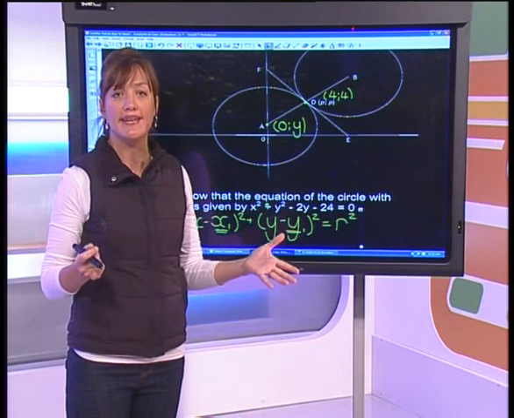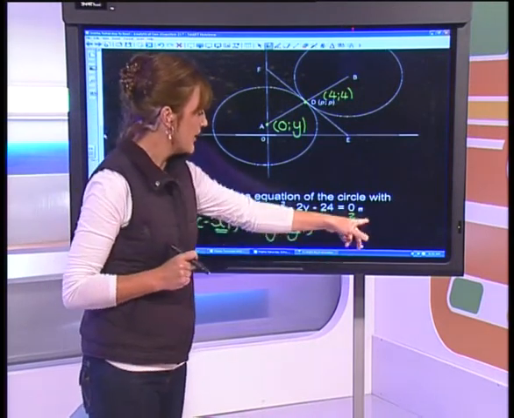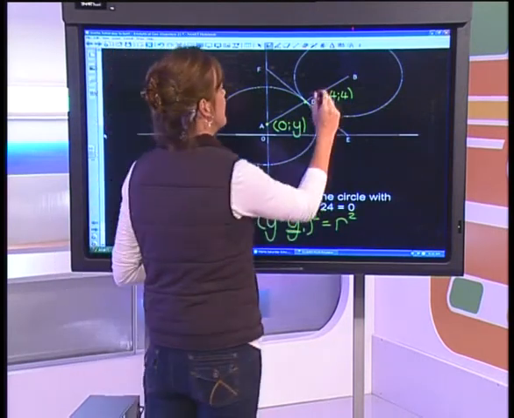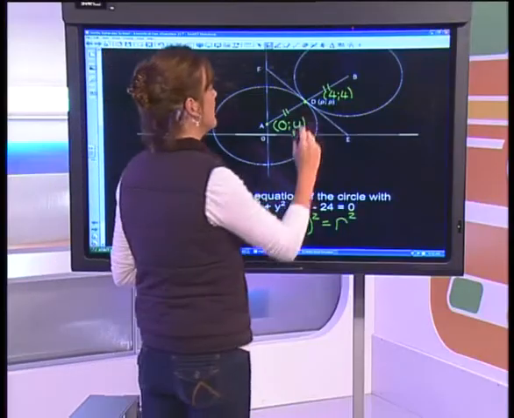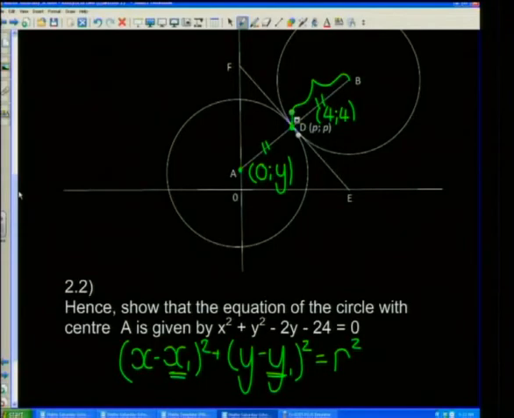We don't know what the y is yet. What's going to be useful is we're going to need to work out what that r squared, the radius, is. We were told earlier that these two lines were equal in distance. So if they're equal in distance, I can work out the distance from D to B, and that would then be the same as my radius from A to D. So let's do that quickly.